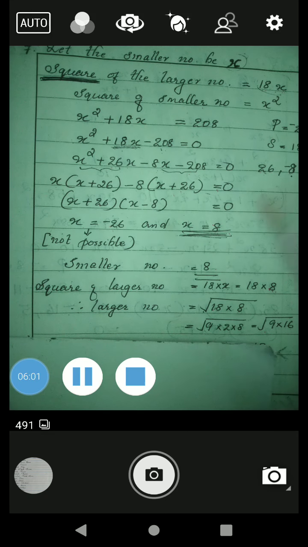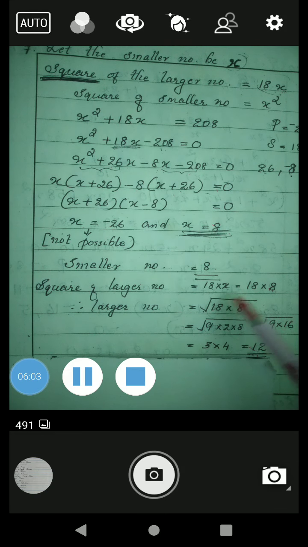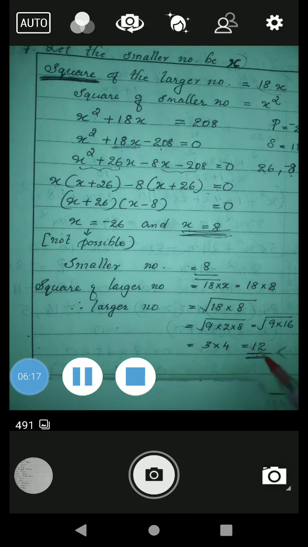Either you can multiply this, 18 into 8 is 144, or in this way, by factorization: square root of 9 into 16, root of 9 is 3, root of 16 is 4. So the product of these two is 12. So here the smaller number is 8 and the larger number is 12.